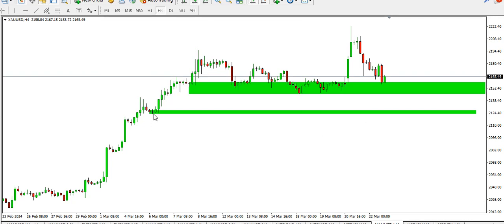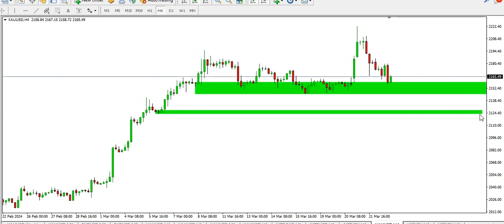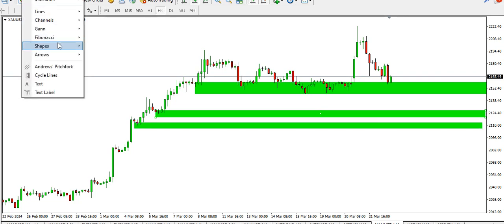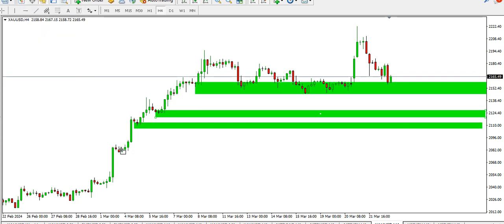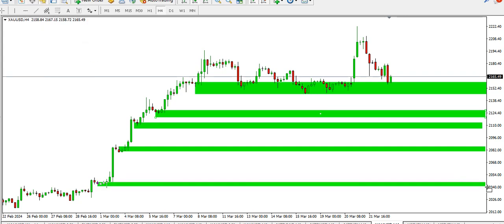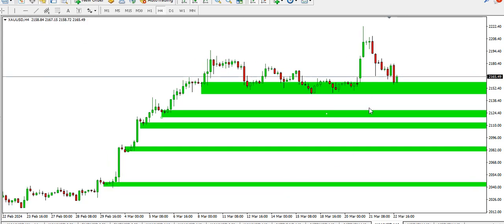So we might expect, if price drops to this area, buyers to step in. We also have another order block around here. Buyers might likely step in around here. And then we have another order block around here. Okay, so buyers are all lined up, waiting to push price up in case price drops to these levels, right?